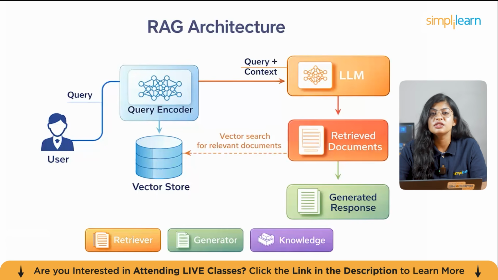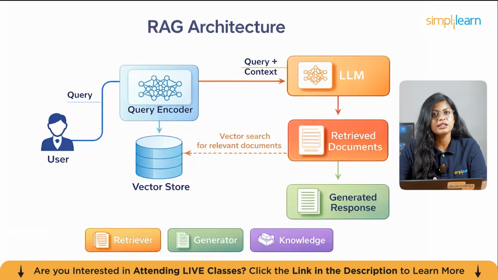Because the generator is using the real retrieved information, the response is more accurate, more relevant, and less likely to contain false information. The final output of the entire flow is a grounded response. This response is not just based on a model's memory, it is grounded in the external knowledge that was retrieved earlier.